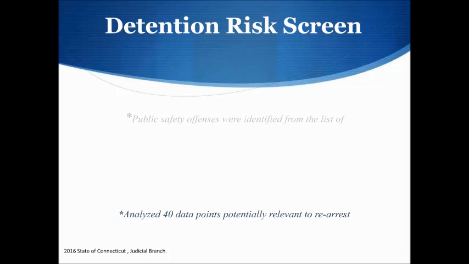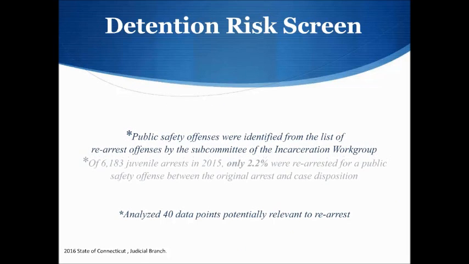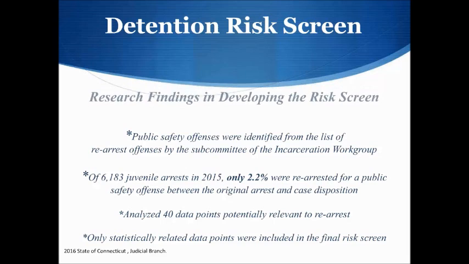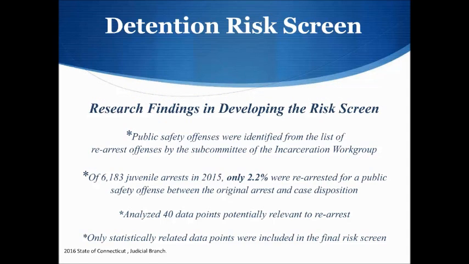The researchers generated a list of all rearrest offenses that juveniles committed after their initial 2015 arrest. Based on this list, the subcommittee members identified a subset of public safety offenses to be used in the risk screen. Of 6,183 juvenile arrests in 2015, only 2.2% were rearrested for public safety offenses between the original arrest and case disposition.